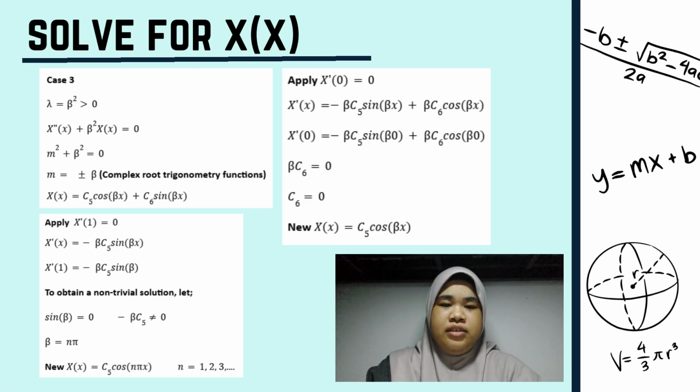So to obtain a non-trivial solution, we let sin beta equal to 0. So we got beta equal to n pi, and negative beta c5 not equal to 0 to get a non-trivial solution. With that, we can conclude that our new X for case 3 is c5 cos n pi x for n equal to 1, 2, 3, 4, and infinity.